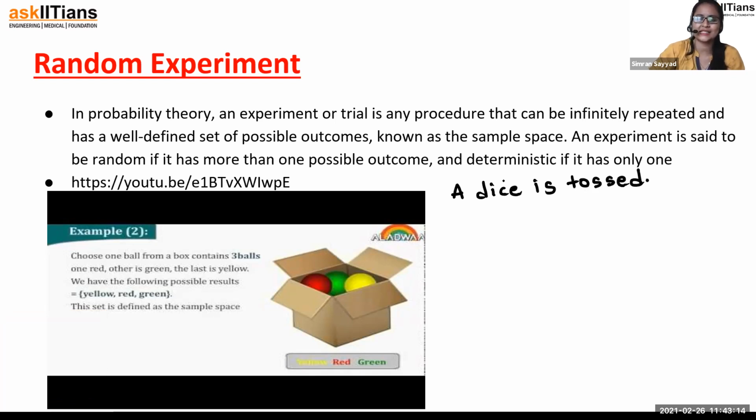So when a dice is tossed, this part, students, 1 minute, just 1 minute. I think there is in some glitch with my internet. Yeah, sorry.